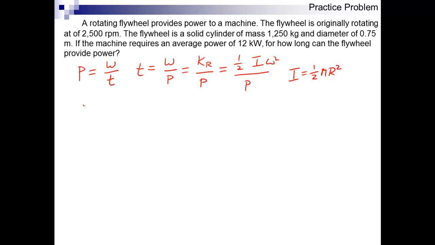So my time therefore is equal to 1/2 times 1/2 mr squared times omega squared, and I'm dividing that once again by the power.